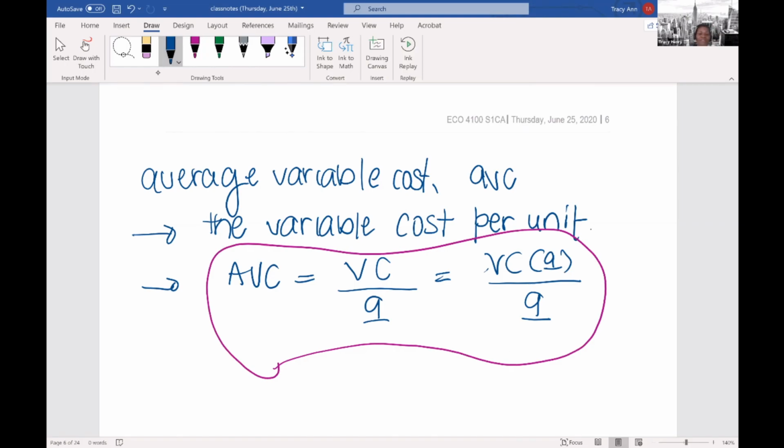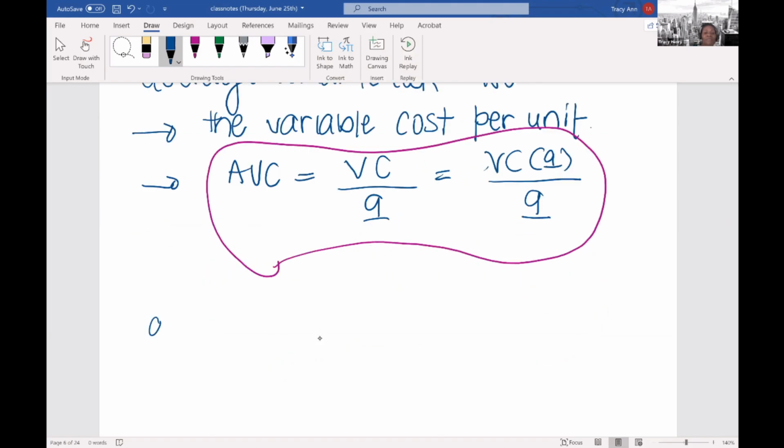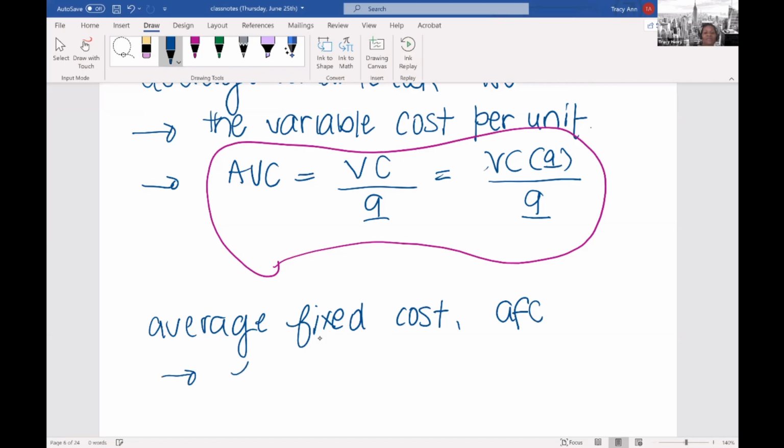Then we have our average fixed cost, believe it or not. And this is the fixed cost per unit.